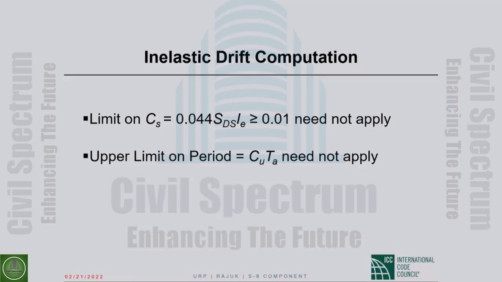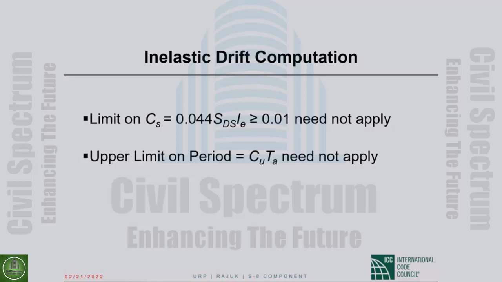The rationally computed period T depends on the stiffness assumption that we make in the period computation. And because of that, T is limited to being no more than a multiplier times the approximate period. The multiplier in Bangladesh is 1.4. So we are never allowed to take the rationally computed period any larger than 140% of the approximate period.